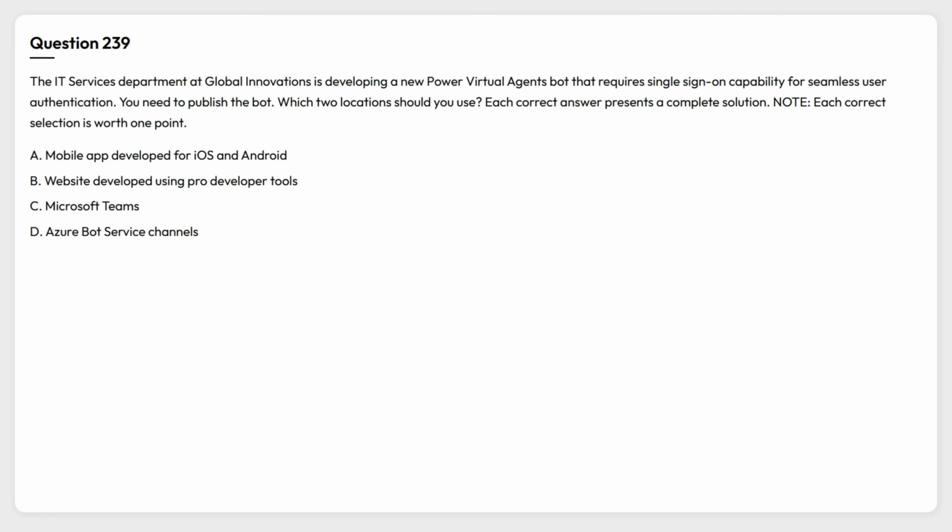Option B, website developed using Pro Developer tools. Option C, Microsoft Teams. Option D, Azure Bot Service Channels. The correct answers are option C, Microsoft Teams. Option D, Azure Bot Service Channels.